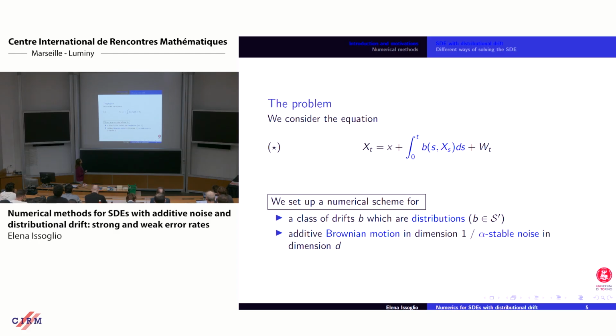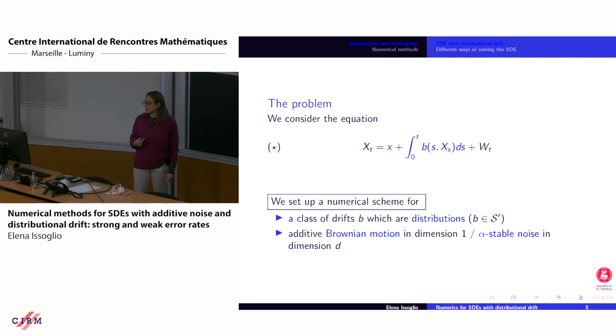And the noise is additive. This is very important because when the noise is multiplicative, things get a lot more complicated. So additive noise really helps. And mostly in the talk, it will be Brownian motion. And the numerics will be mostly in dimension 1, because in dimension 1 we have strong solutions of these equations, and we do strong error.